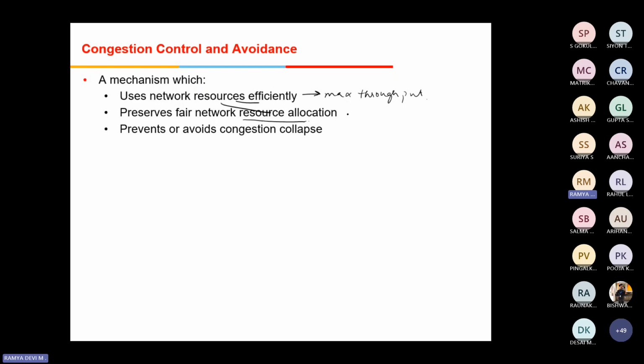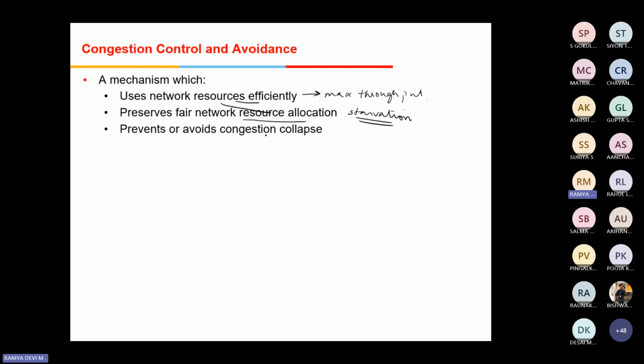You would have studied in operating systems when starvation happens. If I am giving priority to only one particular user and the network is not considering the rest of the routers, definitely it leads to congestion. I'm not fairly allocating the resources.